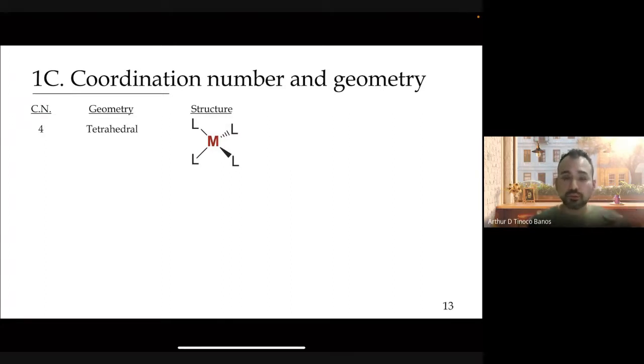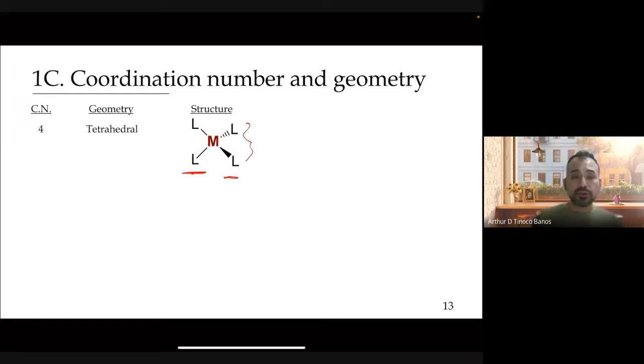The way that we are using the wedges implies that those particular ligands are located in a plane that is perpendicular to the plane of your screen, of your laptop screen or your telephone screen, however you're looking at this presentation. All right, so these two ligands over here, they are in fact on the plane of your screen. But these two over here, those are actually in a plane perpendicular to your screen. All right, so tetrahedral, you are all familiar with this.